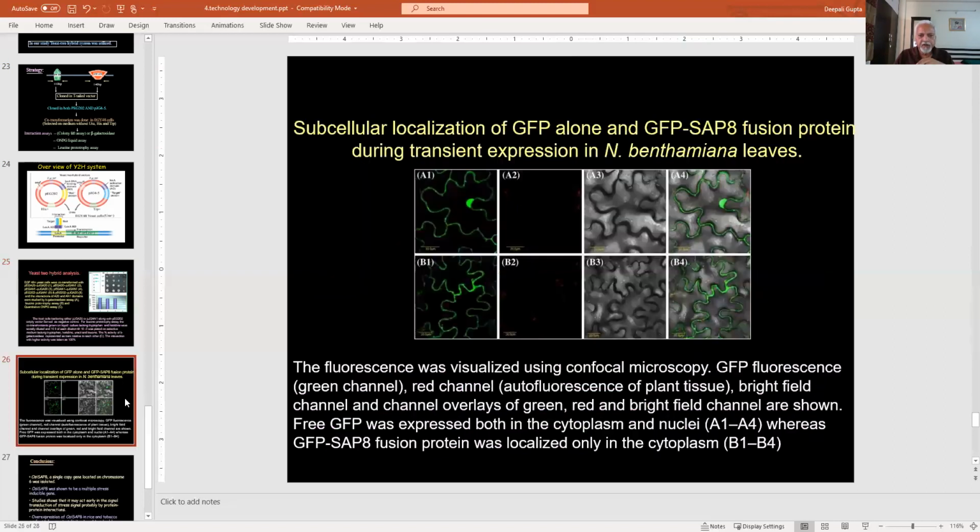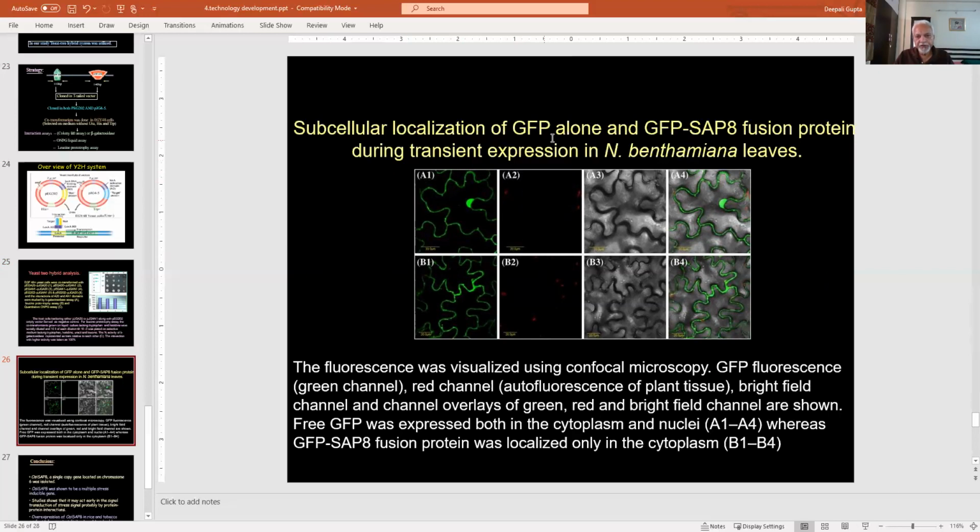Now, another question. The conclusion we drew based on the bioinformatic analysis, that the absence of nuclear localization signals and DNA binding domains indicates it's a cytosolic protein. So the question was asked, how do you demonstrate this experimentally?